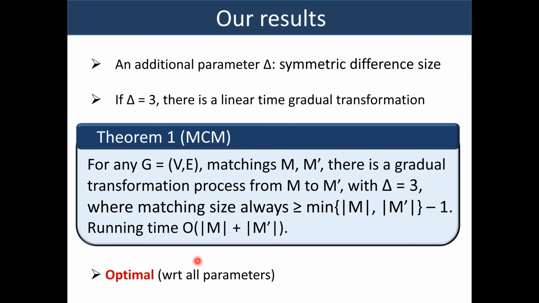And we notice that when delta is equal to 3, there is a simple linear time gradual transformation process.